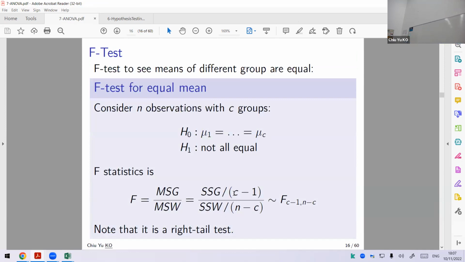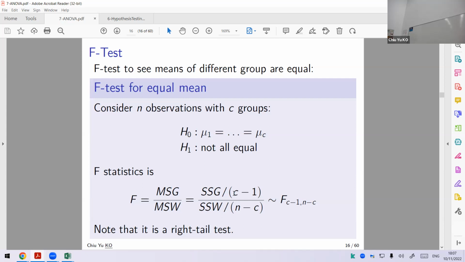What we're actually doing is comparing MSG and MSW. If grouping has no meaning, then these two measurements should be the same, because they are different ways to measure sigma.